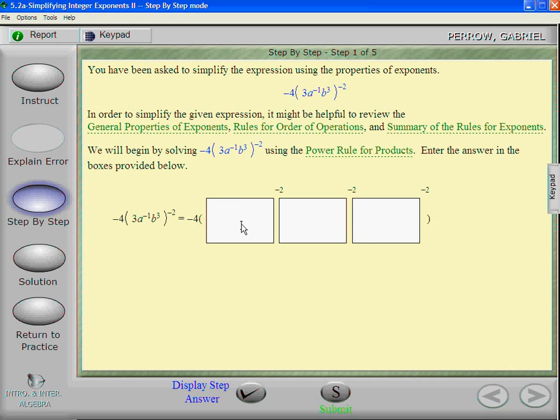And so what you should end up with inside the parentheses are 3 to the negative 2 power, a to the negative first to the negative 2 power, and b to the third to the negative 2 power.